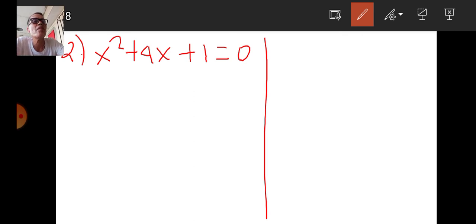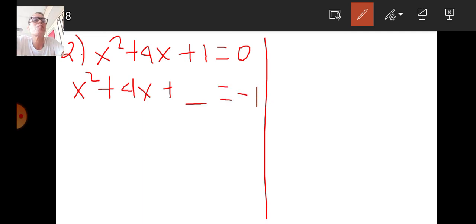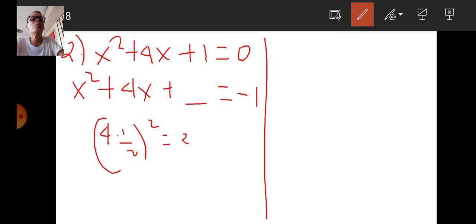So, transpose 1 to the other side, you will have x squared plus 4x must be equal to negative 1. So, multiply 4 by 1 half and then square. So, you will have 4 times 1 half quantity squared is equal to 2 quantity squared equals 4. So this is the one that you are going to add.